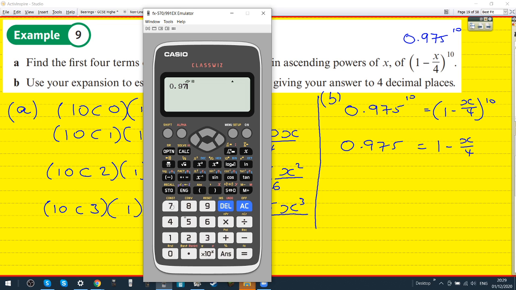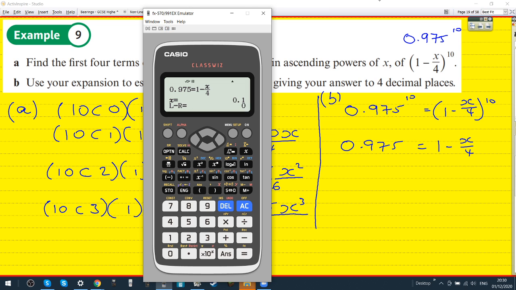Okay. I'm just putting it in the calculator. Yeah. I got x is 0.1. Looks good.